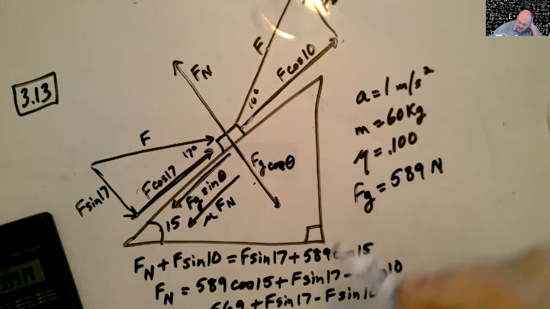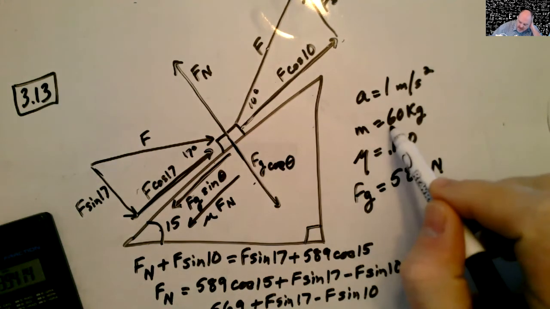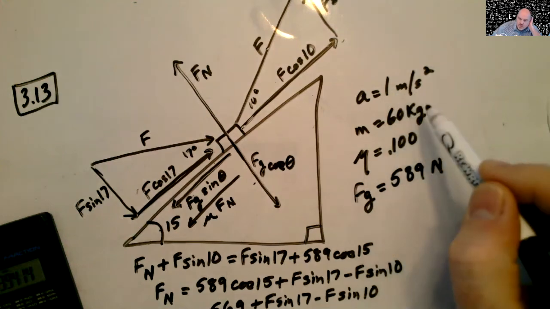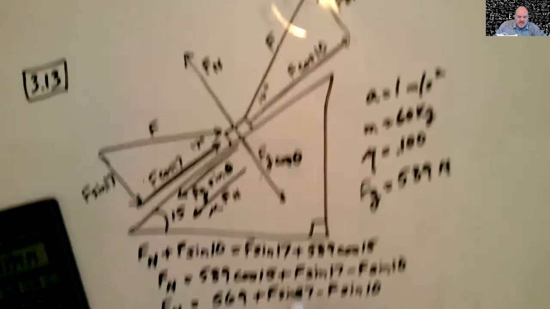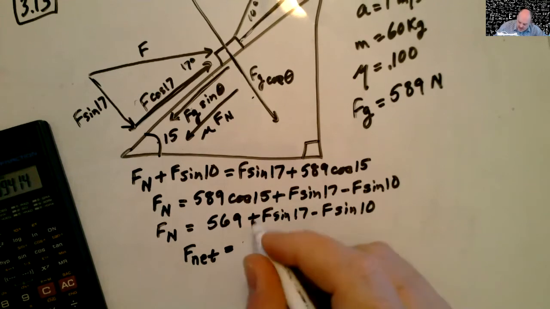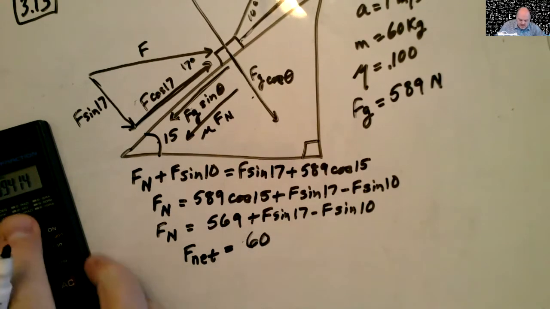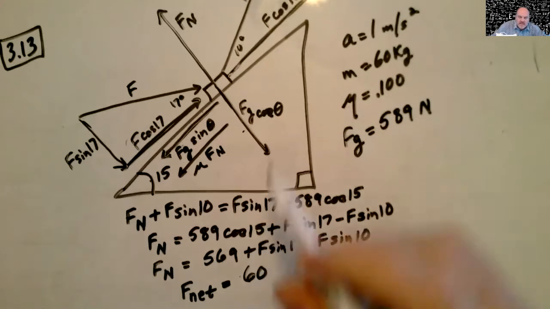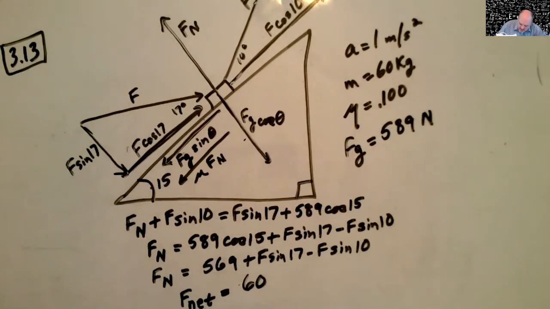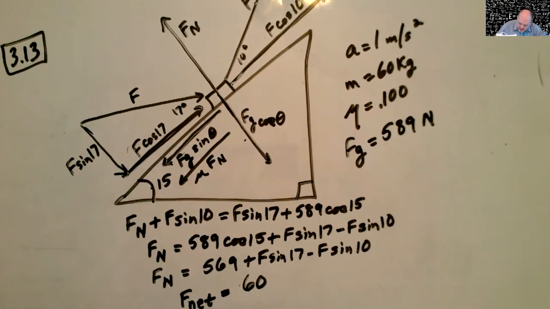Now we actually know what MA is already. The mass is 60 and the acceleration is 1. So that F net is going to equal 60. Let's write out our starting equation. F net is going to be this force, F cosine 10, plus this force, F cosine 17.